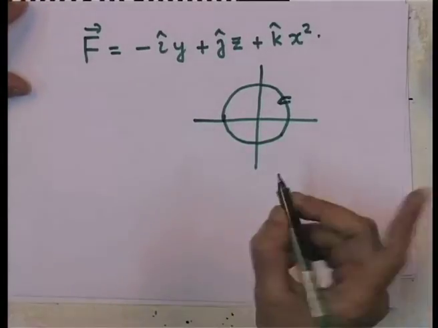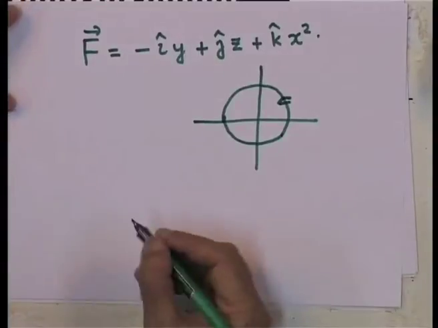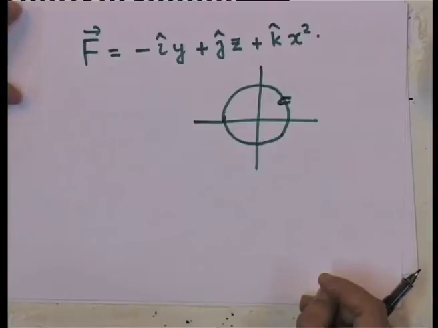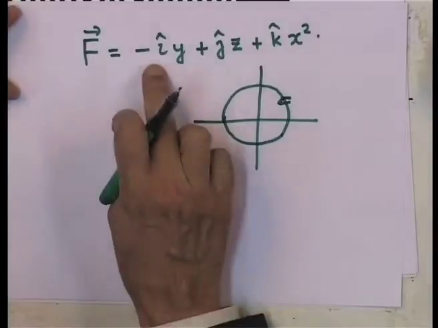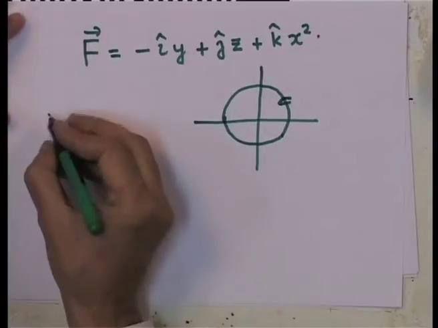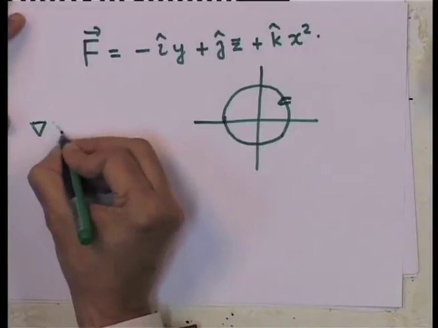Now, I will do it in two ways. First, let us compute what is my integral f dot dl. I could do that by the same technique as I have given you last time. However, let us calculate the curl of this function.